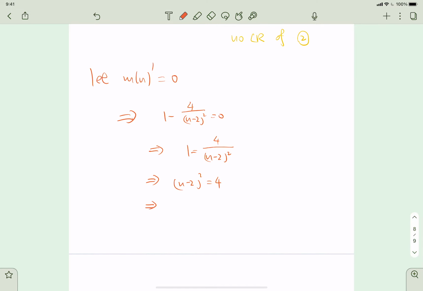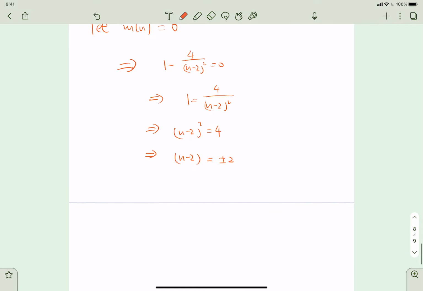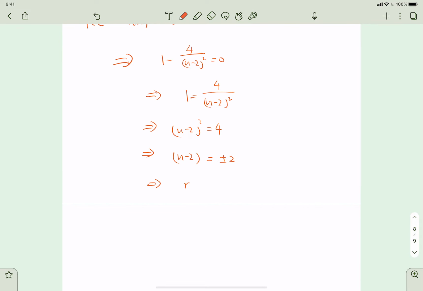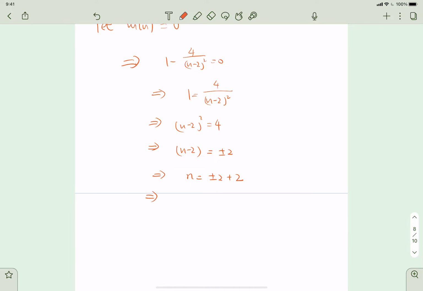So now we have n minus 2 equal to positive or negative 2. And now we add 2 on both sides. So we have n equal to plus minus 2 plus 2, right? Which means that n is equal to 4 or 0.